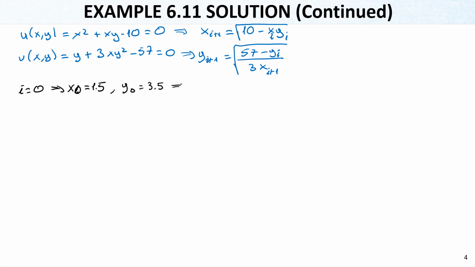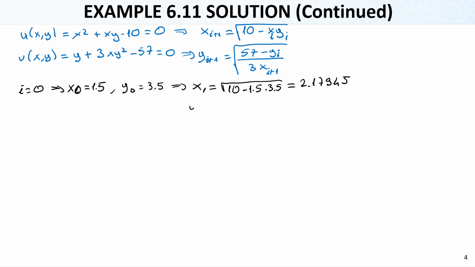Then use this in the first function. Then x1 becomes the square root of 10 minus x0 1.5 times y0 3.5, and the result is 2.1795. You can see the actual value was 2, so it seems to be converging to that in the first iteration.